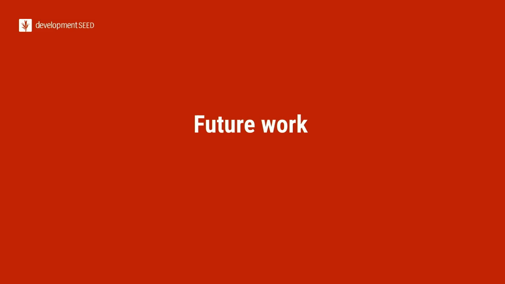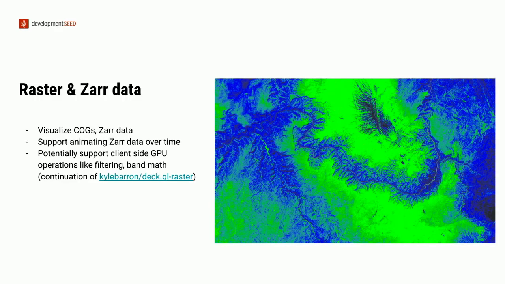And so some future work. I recently got excited about raster data and raster data rendering. We currently support images like PNGs to render in Lonboard, but not really deep raster integration.